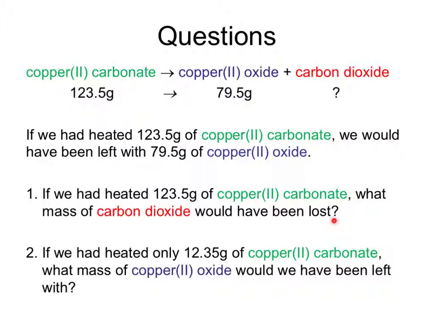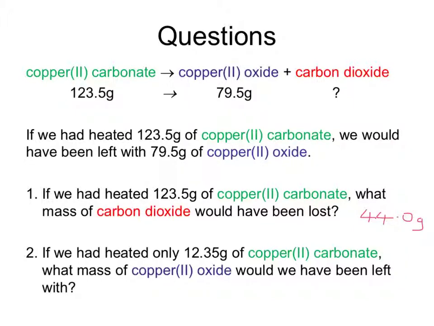Well, through the principle of conservation of mass, the mass of the product must equal the mass of the reactants. Therefore, the mass of the carbon dioxide would be 123.5 take away 79.5 grams, which would work out at 44.0 grams. And now using logic, if we heated only 12.35 grams of copper carbonate, what mass of copper oxide would we have got?